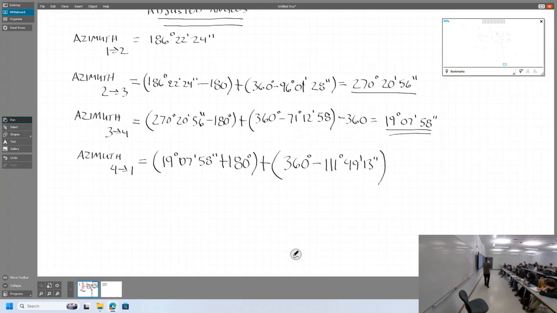Again, not within the magnification, right? So again, we have to normalize this thing. 1845. Perfect. And again, does it make sense with our sketch, what we're physically actually going out in the field and doing? If we're going 4 to 1, does it make sense that we're going in that direction? Right? The overall azimuth.